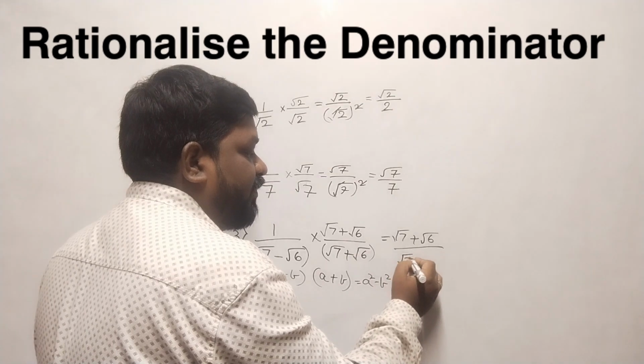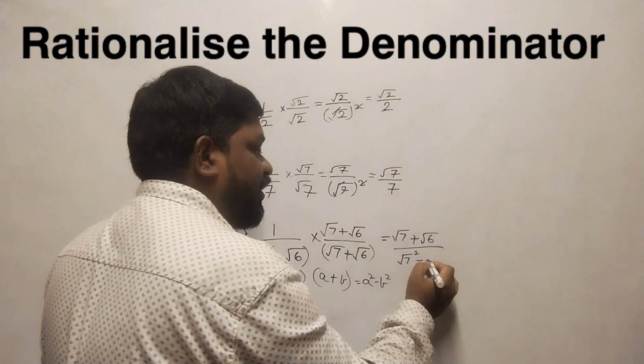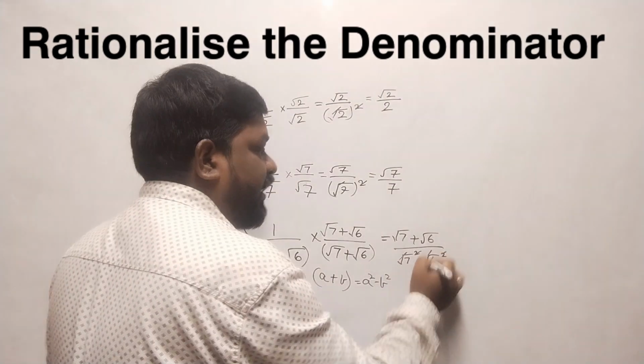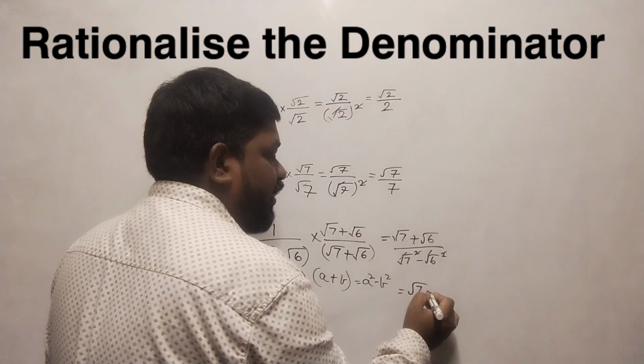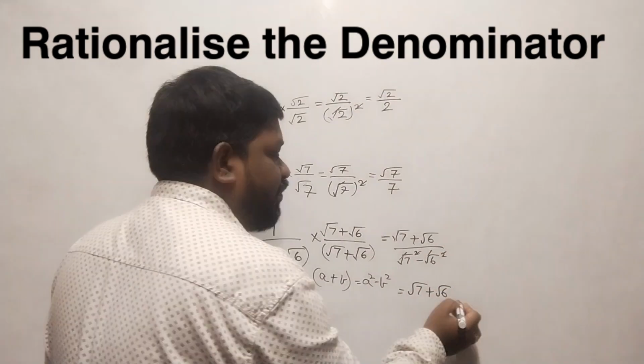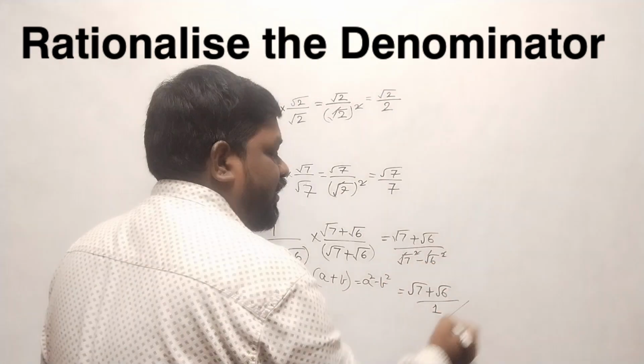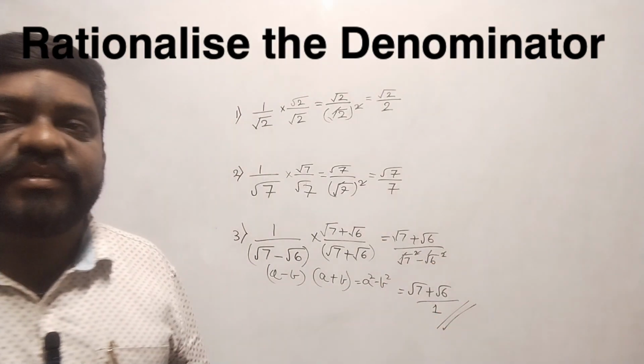Therefore the denominator becomes root 7 square minus root 6 square. Square and root get cancelled, so we have root 7 plus root 6 by 7 minus 6. 7 minus 6 is 1. So this is the answer.